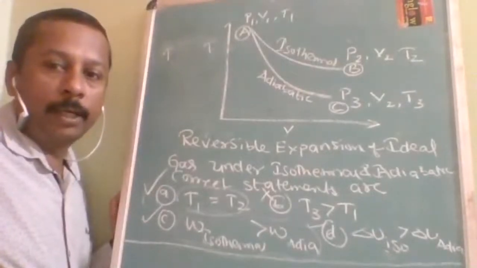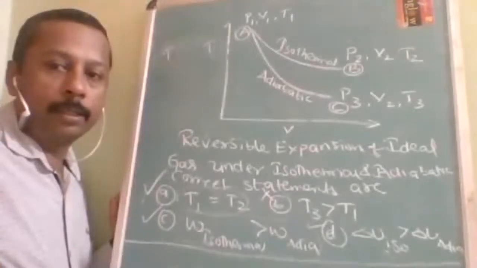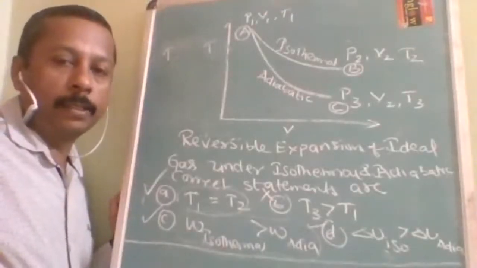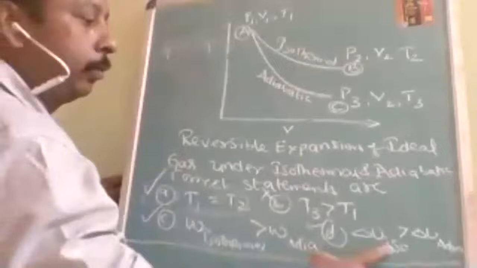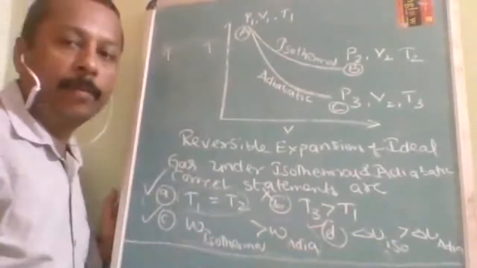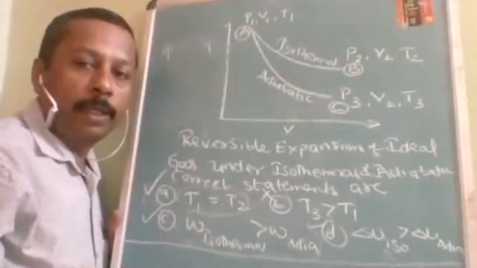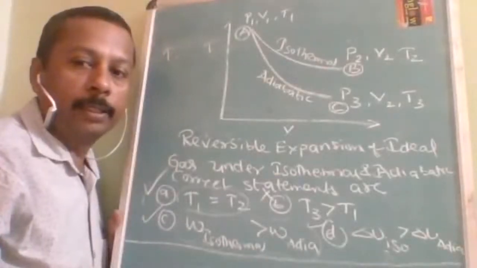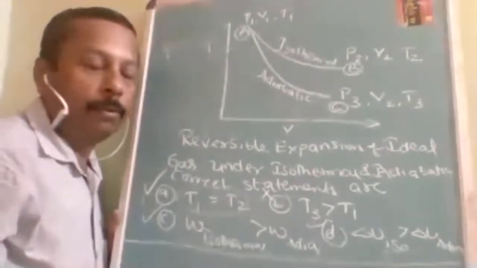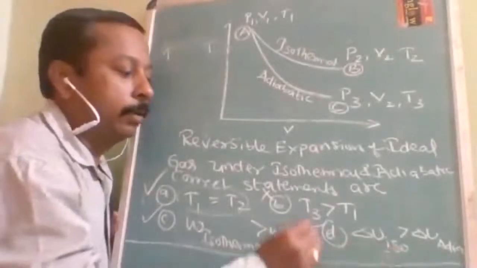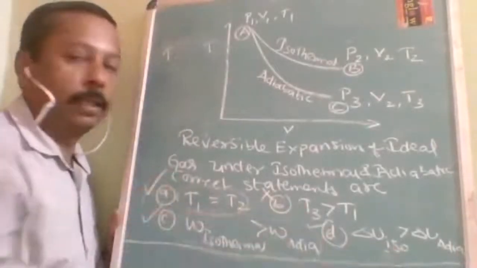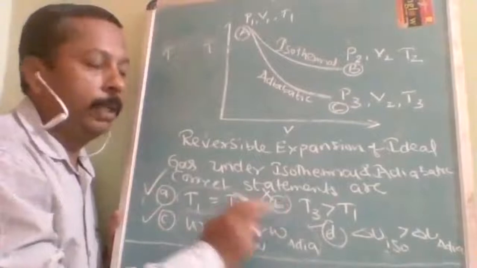In isothermal, heat exchange with the surroundings is permitted. Therefore, it is correct. So why A, C and D are correct and why B is incorrect.